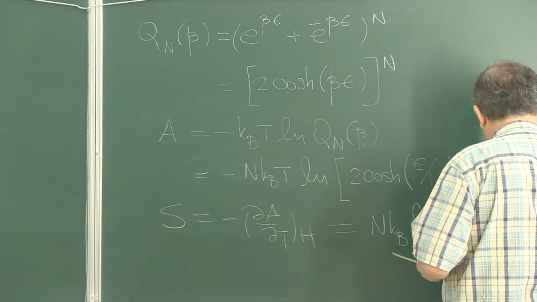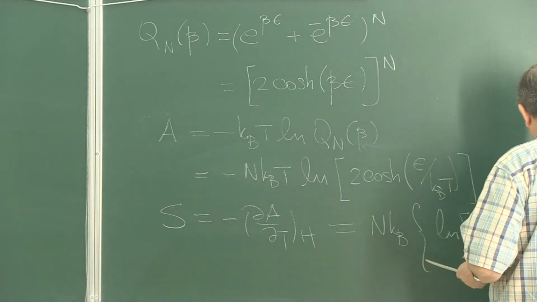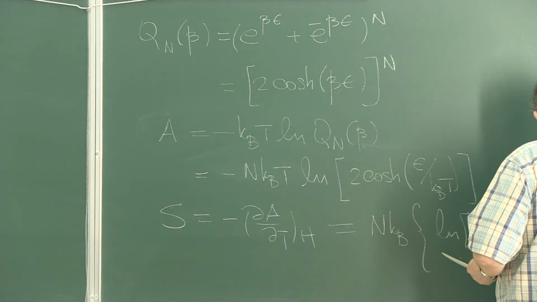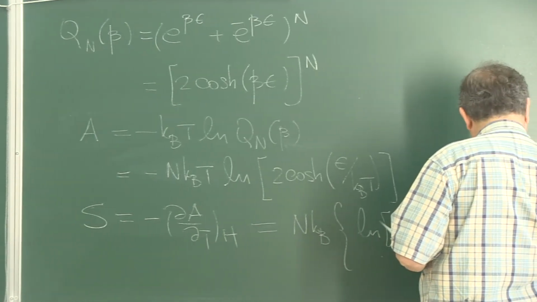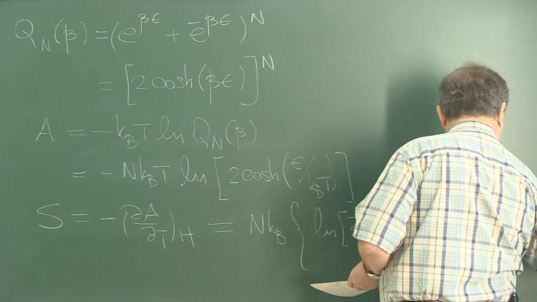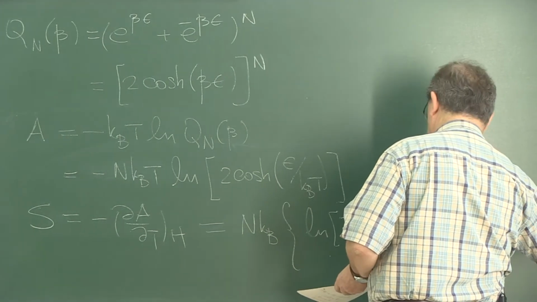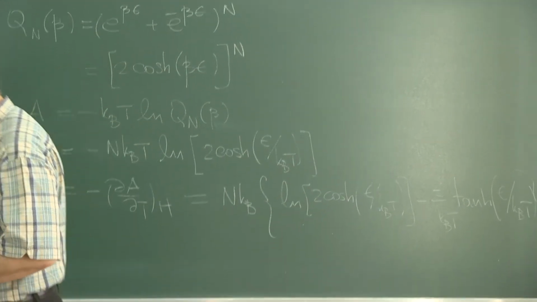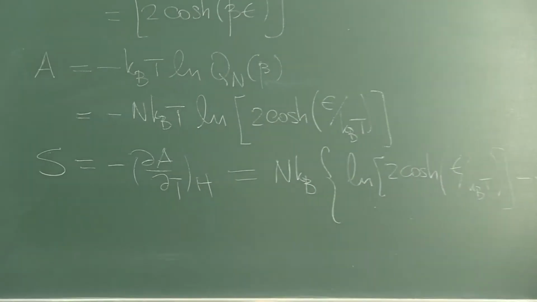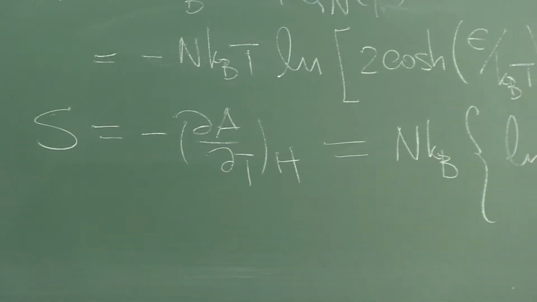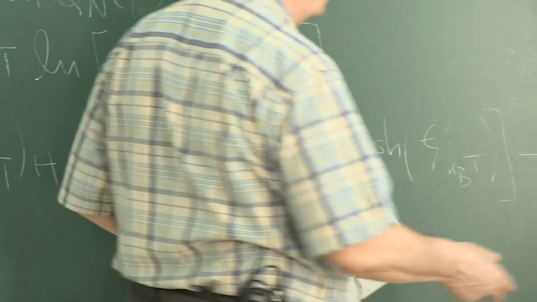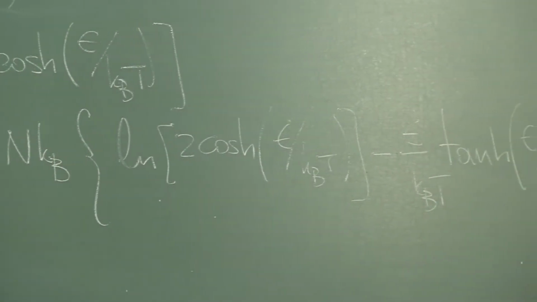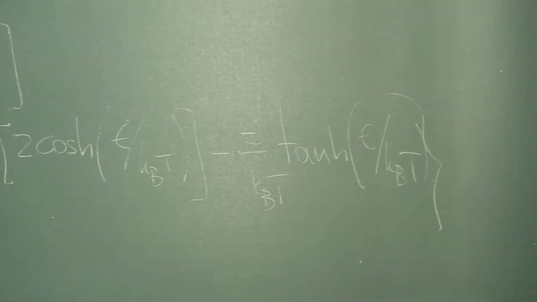I'm trying to write everything in terms of temperature. That's the derivative. So we know everything. Let's complete the thermodynamical quantities of this very simple system.